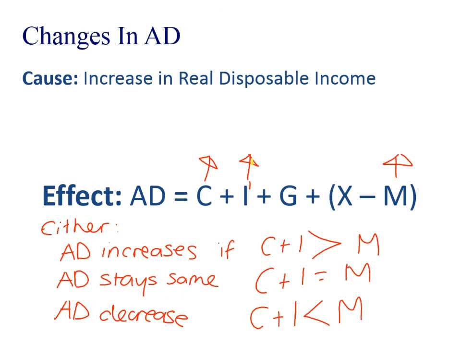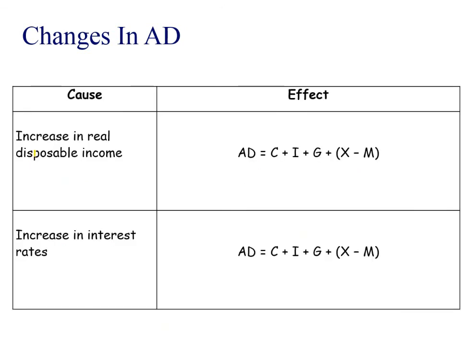But we might also find imports increasing, because you're buying more of all types of goods, so you might be buying imports as well. So AD should, logically, increase, but only if this part is larger than that part. If they equal each other, AD is going to stay the same, and AD might not increase if you're spending more money on imports.